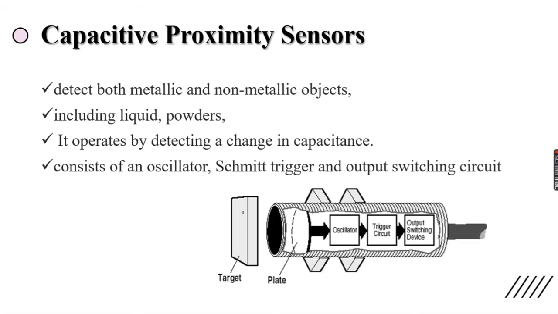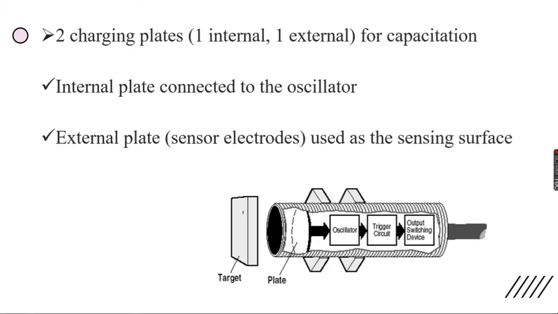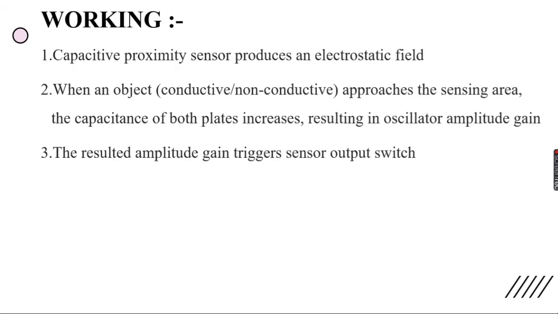One plate is internal and the other external. The internal plate is connected to the oscillator, and the external plate is used for sensing the surface. The working is almost the same.